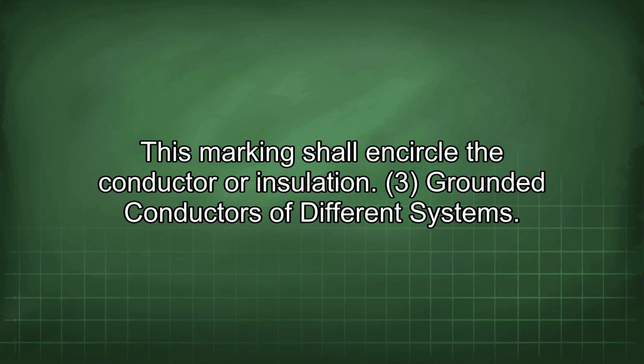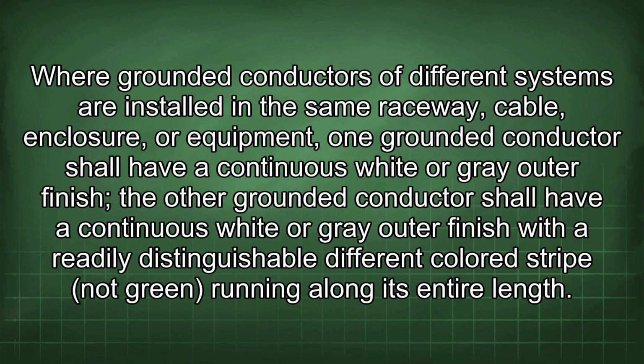3. Grounded conductors of different systems. Where grounded conductors of different systems are installed in the same raceway, cable, enclosure, or equipment, one grounded conductor shall have a continuous white or grey outer finish, the other grounded conductor shall have a continuous white or grey outer finish with a readily distinguishable different colored stripe, not green, running along its entire length. 4.